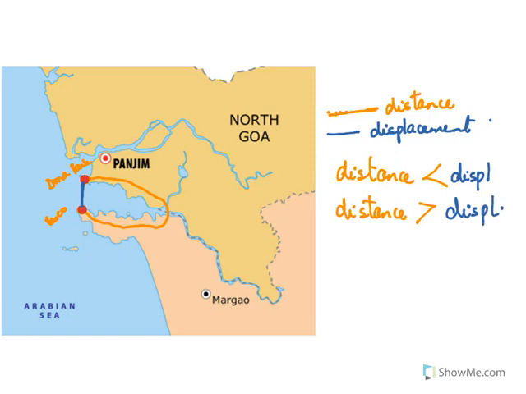If you have noticed everywhere, the distance traveled is always greater than displacement. So distance being less than displacement is wrong. Distance can never be less than displacement. It is always greater than displacement or sometimes equal to displacement. We'll discuss those cases where it is equal. But remember, distance can never be less than displacement.